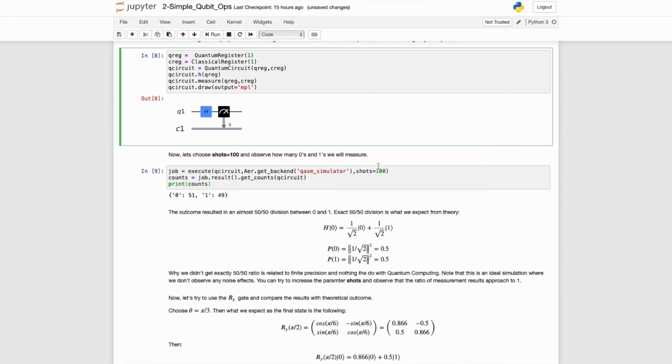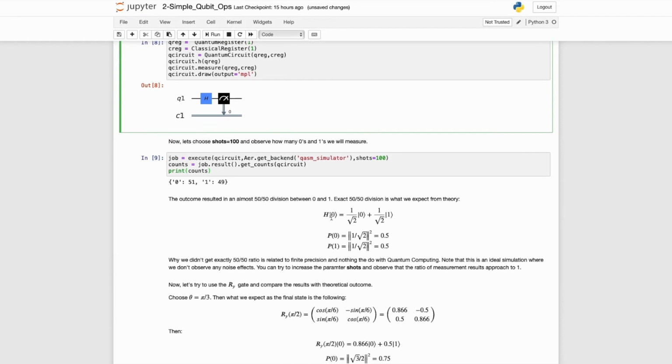This time we will be executing the circuit 100 times and observe the outcomes. As you see here, when we print the counts, we observed the 0 state 51 times and the 1 state 49 times. From the theory, we expect to have a 50-50 division between these states. If we have a look at here, the plus state is like this, and the probabilities are the square of 1 over square root 2, making 0.5 and 0.5.